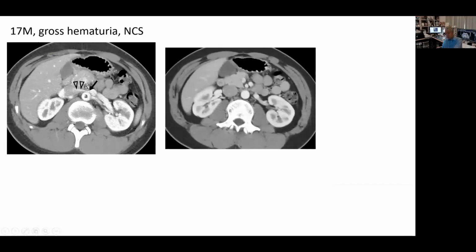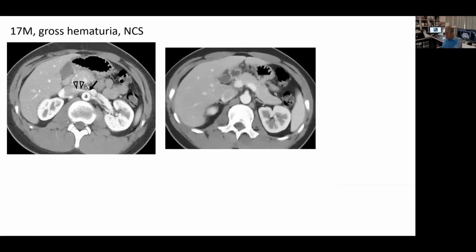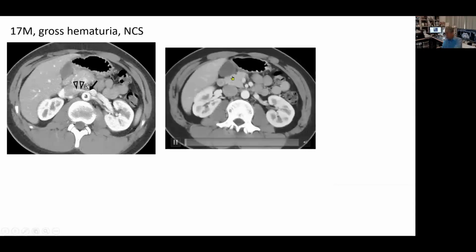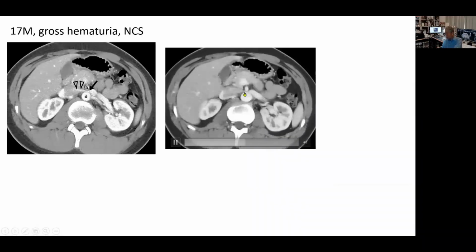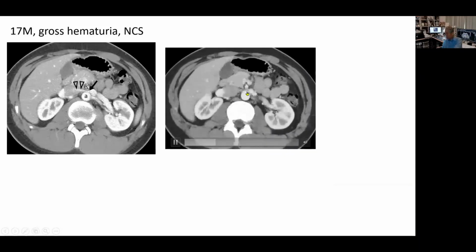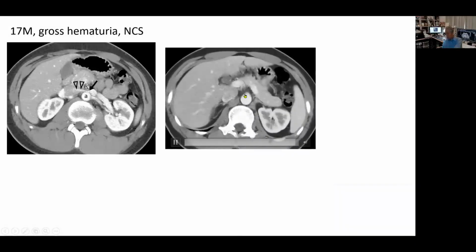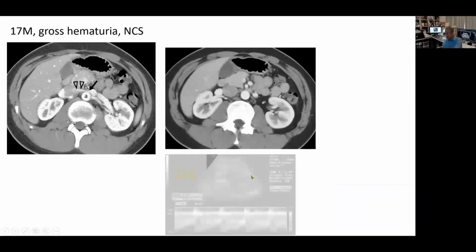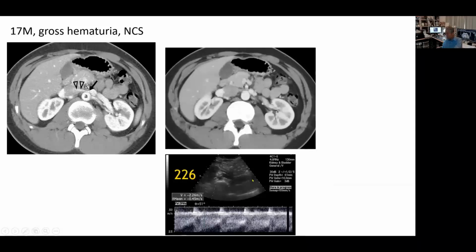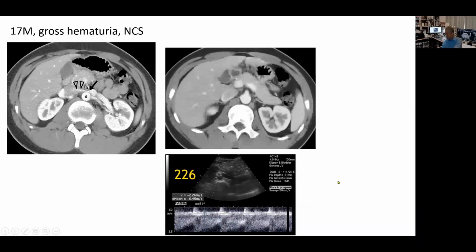This is a 17-year-old man with gross hematuria due to Nutcracker syndrome. Early phase contrast-enhanced CT well shows jetting of contrast-opacified flow across the narrow aortomesenteric left renal vein, and Doppler ultrasound confirmed the very high flow velocity, 226 centimeters per second.